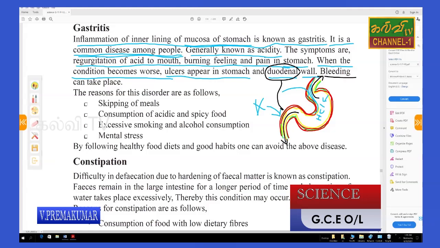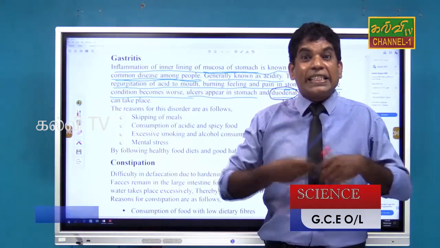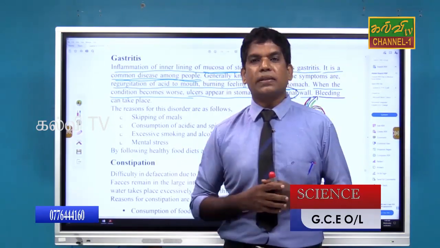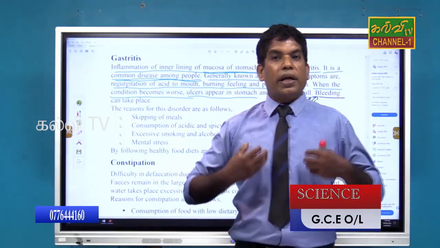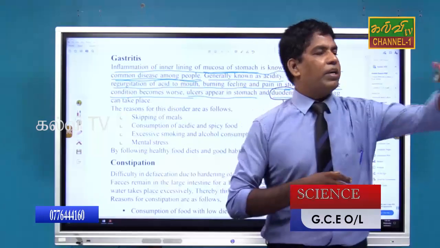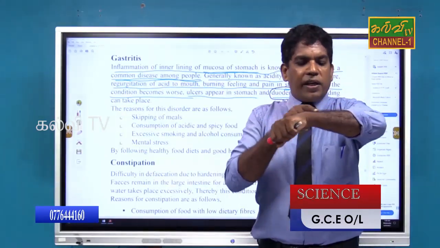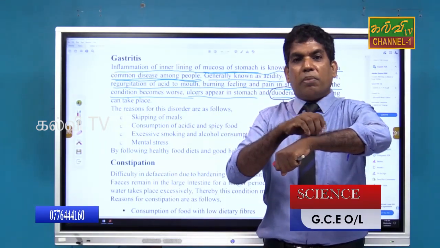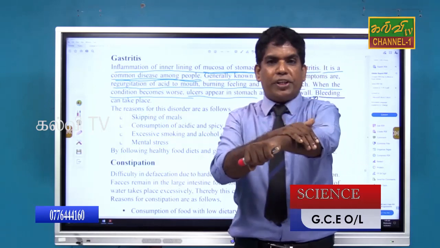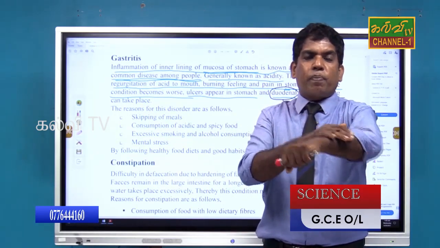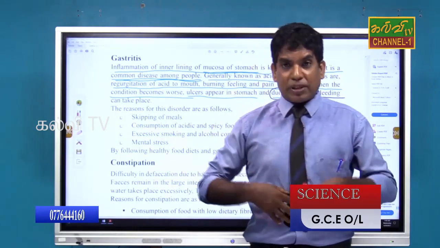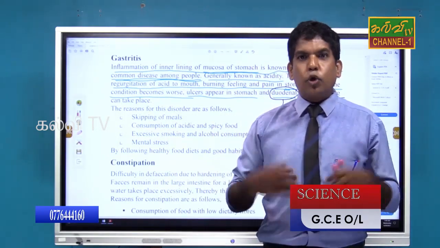Sometimes you can understand what internal bleeding is. A very, very dangerous condition, because anyone can't see it, right? When you scratch the skin or get a cut, bleeding is possible, but you can observe it and take care of it. But in the digestive system, if there is any bleeding incident, you can't feel it.